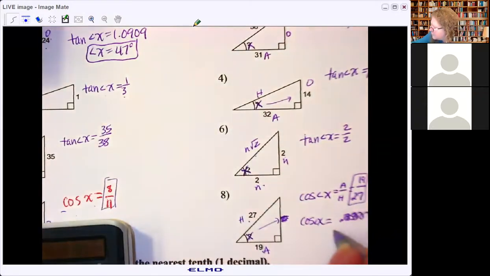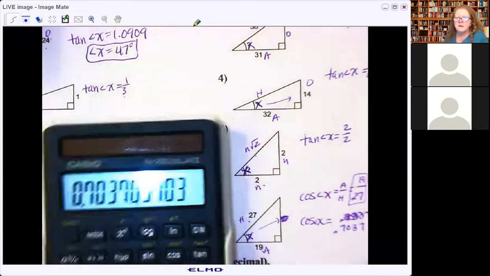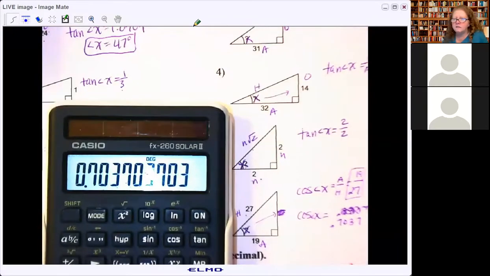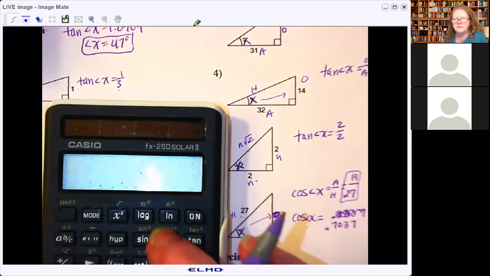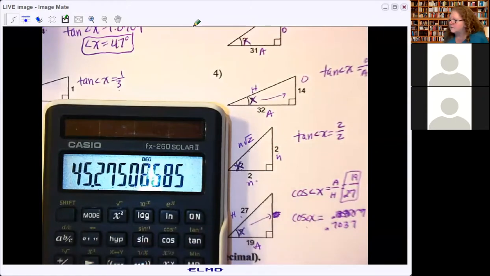I would leave that in my calculator because I'm looking for the cosine. I'm going to hit shift cosine. And this is closer to 45 degrees than it is to 46 degrees. So x is equal to 45 degrees. And you're done.